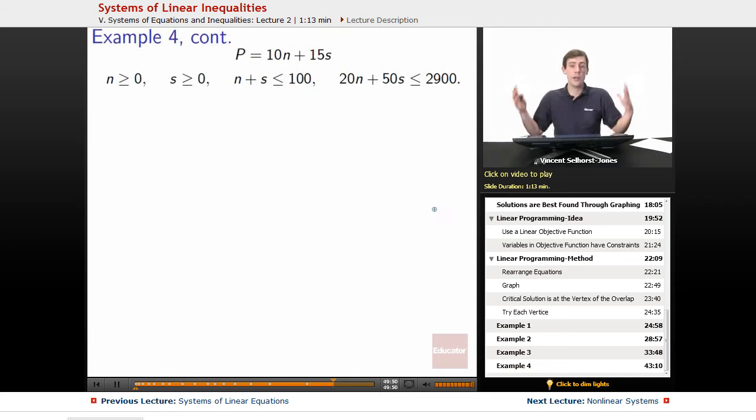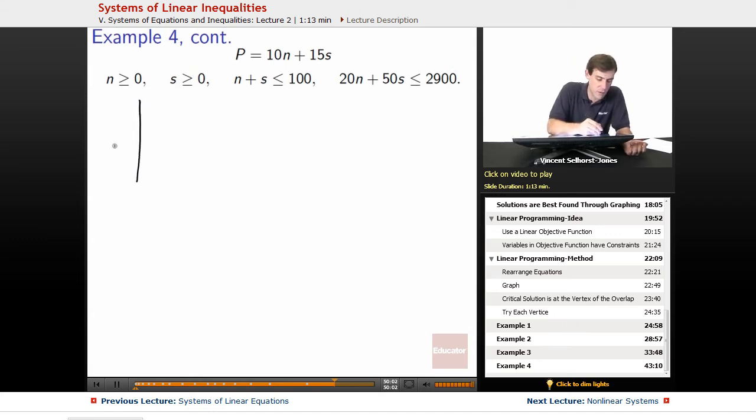All right, so at this point, we bring to bear the power of linear programming. First, let's convert some of this into things that we can easily graph. If we're going to graph this so we can see what's going on, we've got to choose one variable to be horizontal and one to be vertical. Just arbitrarily, let's make N the horizontal and S the vertical.